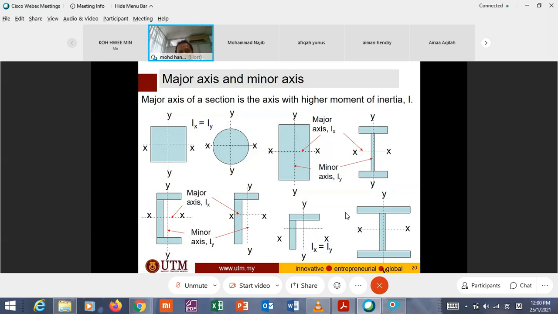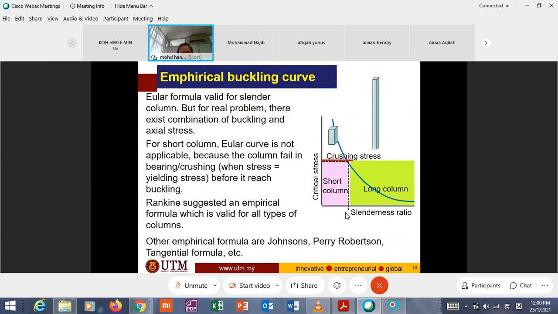Why do we need to know major and minor? Because in general, buckling will occur, or the column will buckle, about the minor axis. Why minor axis?